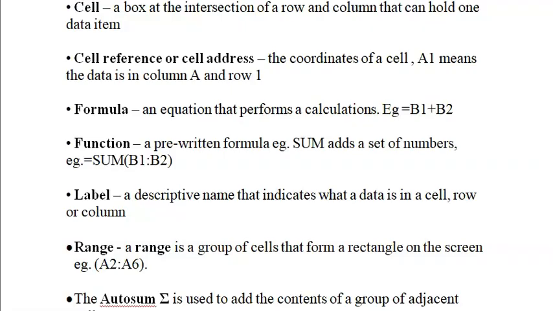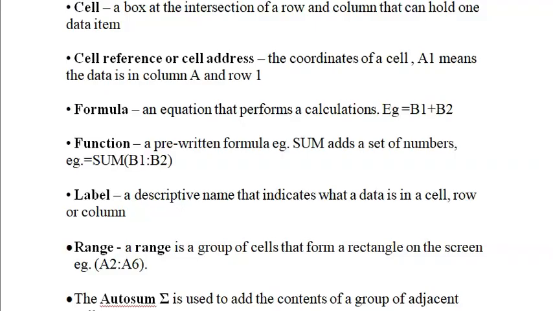Then we look at formulas and functions. Now a formula is an equation that performs a calculation. So you make it up. So equals B1 plus B2. So that's a formula. Then we have something known as a function. Now a function is a pre-written formula that is there in Excel. So you have many functions: sum, maximum, minimum, average, etc. There are many functions in Excel.